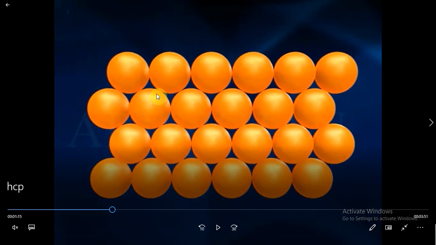Every atom is placed in the vicinity of the bottom atom. So you see this second layer and fourth layer are aligned together, isn't it? You see one line can be drawn here, means it is just above it. The fourth layer is just above the second layer, and the third layer is just above the first layer.